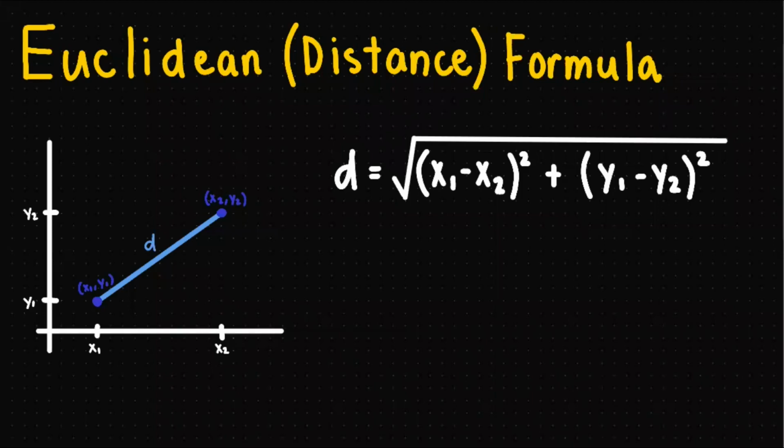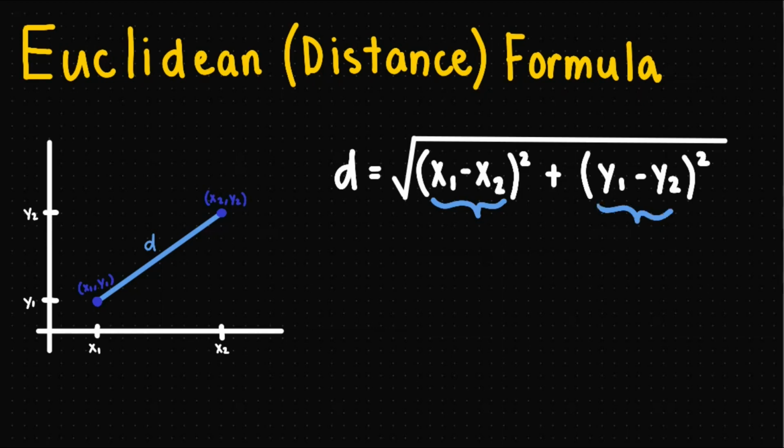Fortunately, we're actually given a formula on how to get this one. So the formula is given by this, wherein d is the distance between the 2 points. It is given by the square root of the difference of x sub 1 and x sub 2, squared, plus the difference of y sub 1 minus y sub 2, squared.